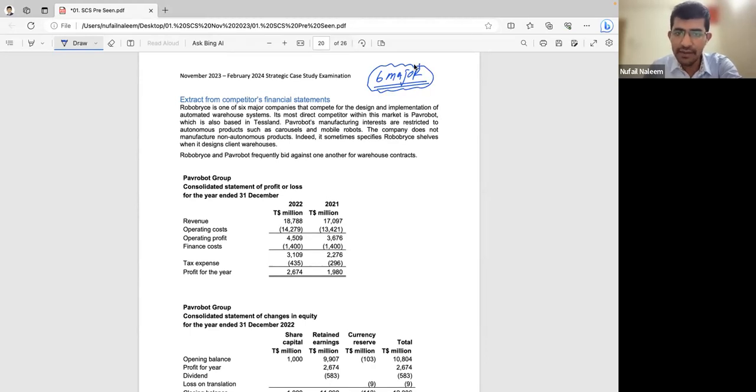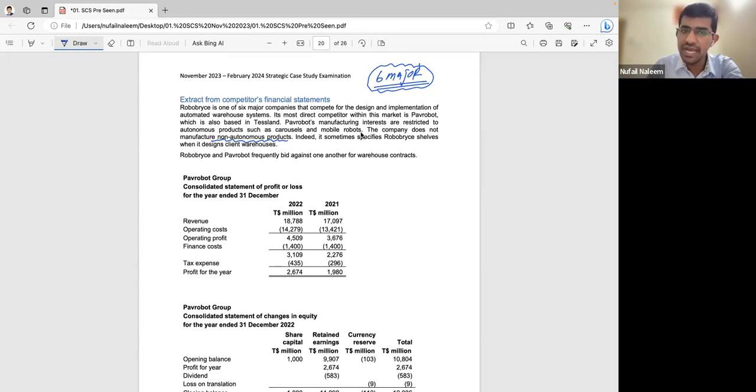Its most direct competitor in the market is Pavrobot, which is also used in Tesla. Pavrobot's manufacturing interests are restricted to autonomous products such as carousels and mobile robots. The company does not manufacture non-autonomous products, though it sometimes specifies Robobryce shelving when it designs for clients' warehouses. So non-autonomous products are not manufactured by our competitor.